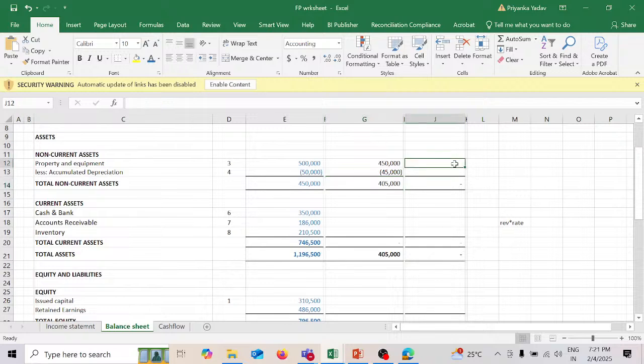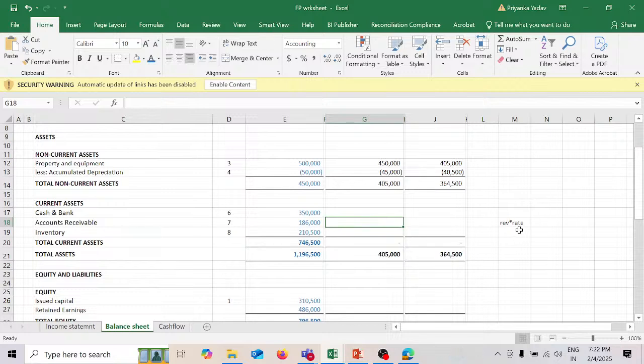Similarly, we'll work the same for 2026. The closing balance here becomes the opening, and on this we're going to calculate 10%. Now accounts receivable, I have here written down the formula.